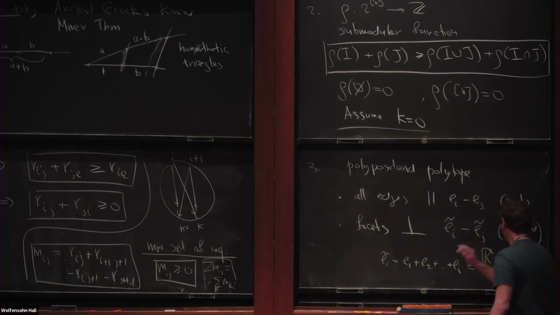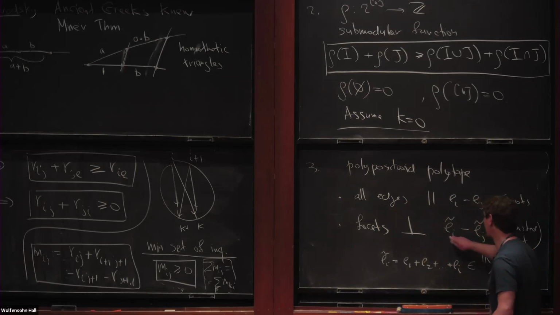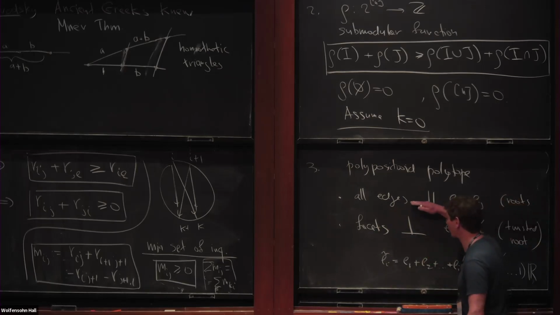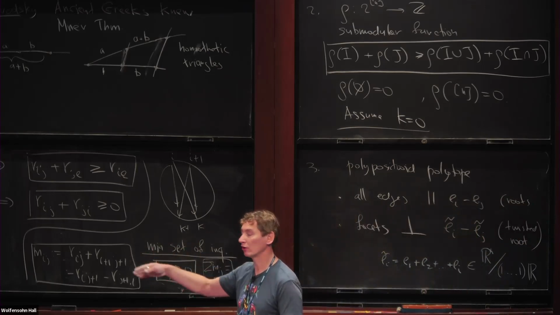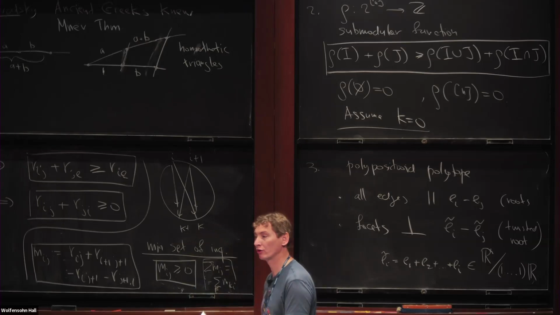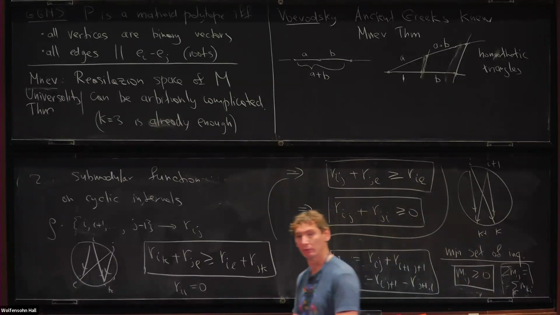So we look at these twisted roots, which are also linearly isomorphic to roots, given by a simple linear transformation, and we require the condition on the edges and facets. So the theorem is that 0 is equivalent to 1, is equivalent to 2, is equivalent to 3. All these four different ways to define poly-positroids are equivalent.